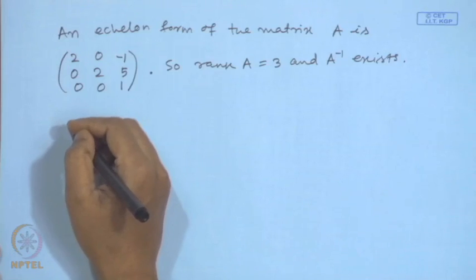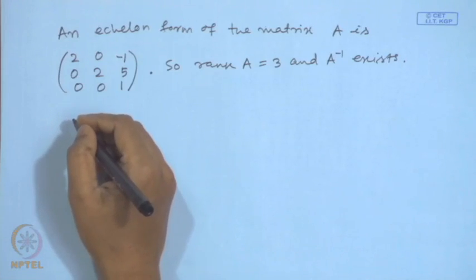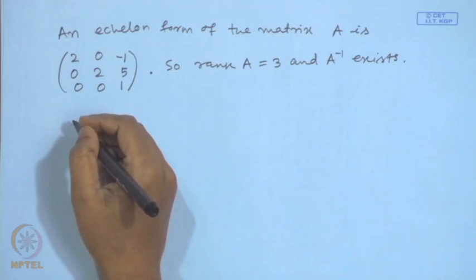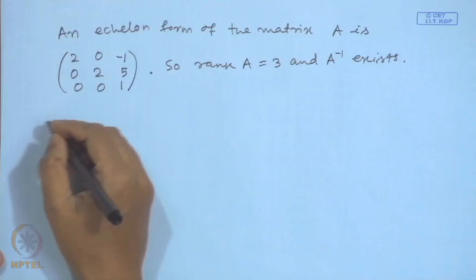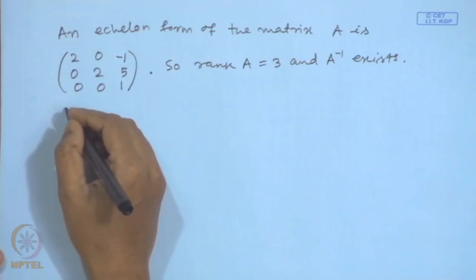Then we follow the steps given in the Gauss-Jordan elimination method and form this augmented matrix.